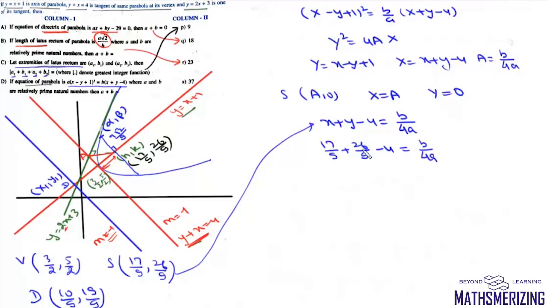So it will be 43/9 minus 36/9, that is 7/9, equals b upon 4a. So we can write b upon a as 28/9. Now in this case, what is the value of a plus b? The value of a plus b will be 28 plus 9, which is 37. So that means D is mapped to S. So this is how we solve such questions.